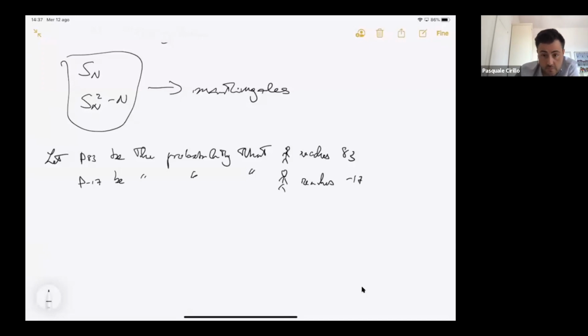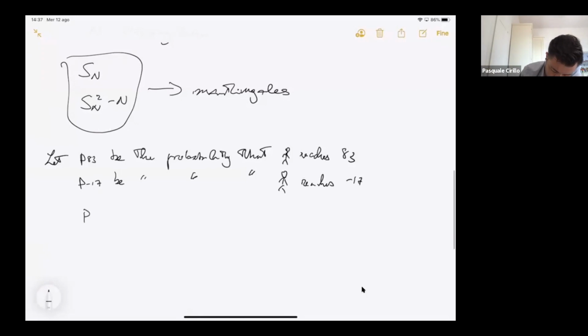Now, by symmetry, when we consider this situation, the probability that the guy exits from state 0, that is to say state minus 17 after rescaling, is just 1 minus the probability of escaping from the other side, that is to say 83.